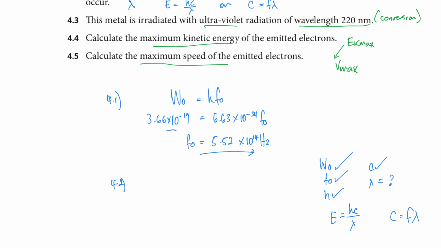I have h, I have c, and I'm looking for lambda, but I don't have the energy of the photon. If I use the second formula, I have the speed of light, I have the threshold frequency, and I'm looking for lambda, which means that's the only equation that's going to be relevant to us.